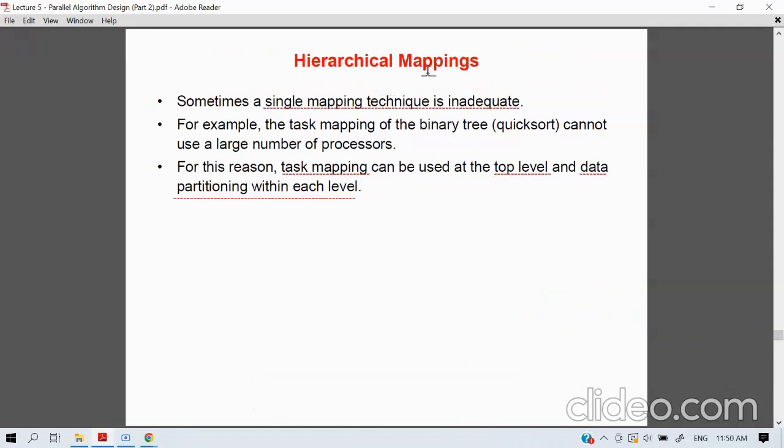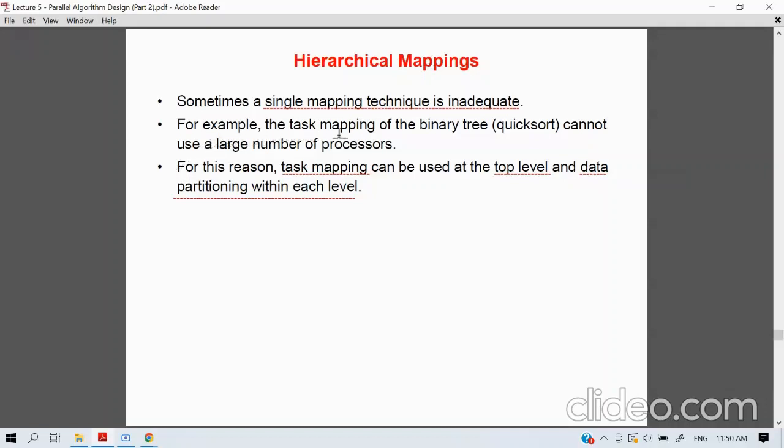Hierarchical mapping: sometimes we cannot use only one mapping technique, so we need to mix them. The same goes with hybrid decomposition. The hybrid or combination of several mappings is called hierarchical mapping. However, with hierarchical mappings we need to do it step by step, one at a time.